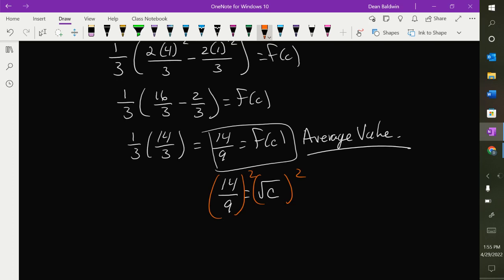It's 196 over 81, which gives you 2.42 approximately. This is the x value that the average value occurs at.